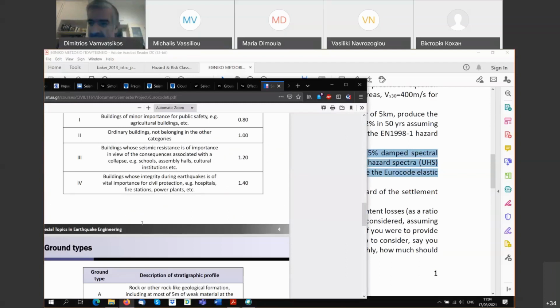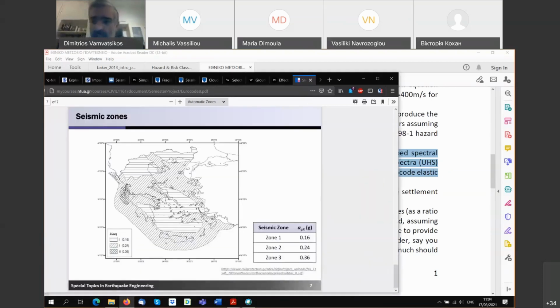The problem with this one, to give you a bit of understanding, is that if you go to Bulgaria, for example, and you start seeing what kind of values they estimated for their hazard, it's different from what Greece estimated. Why? Because everybody did their own little model, they excluded some sources, they used different assumptions, so it's not harmonized.